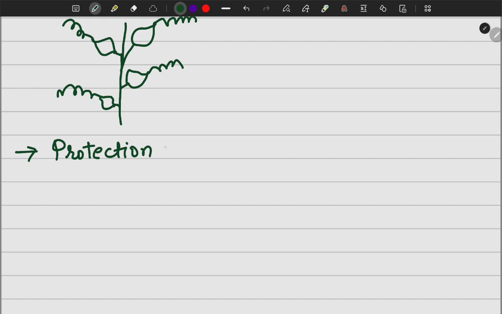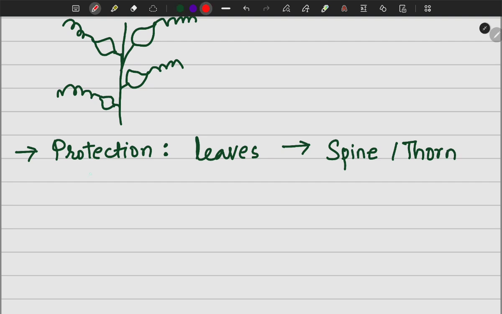This is also quite similar to that we studied for the stem. In protection, what happens is these leaves modify into a spine or a thorn, as in the example of opuntia, which we also studied in the modification of stem, or a cactus.